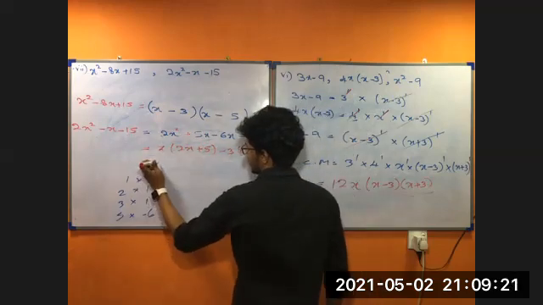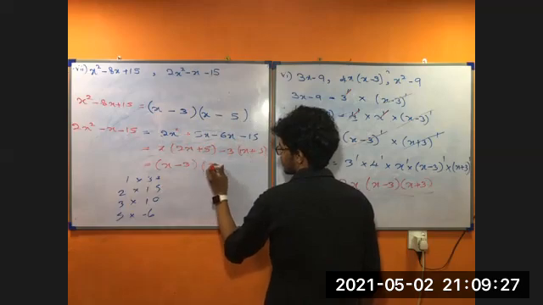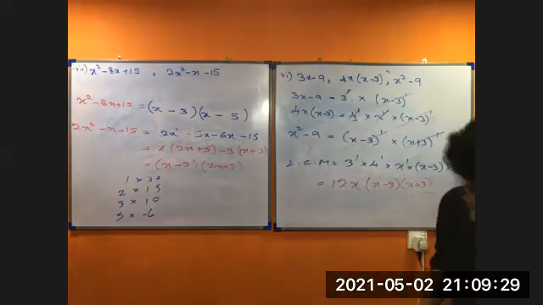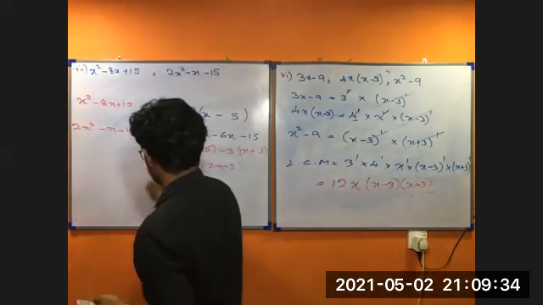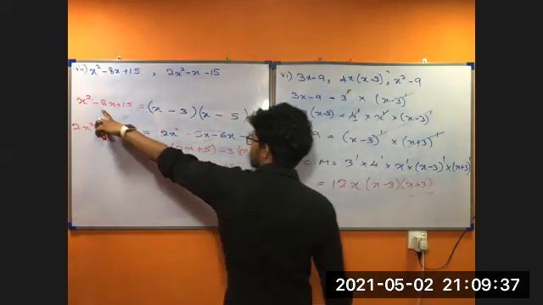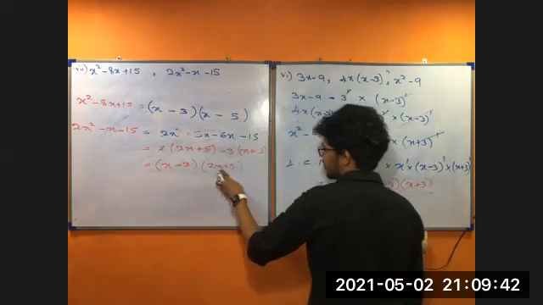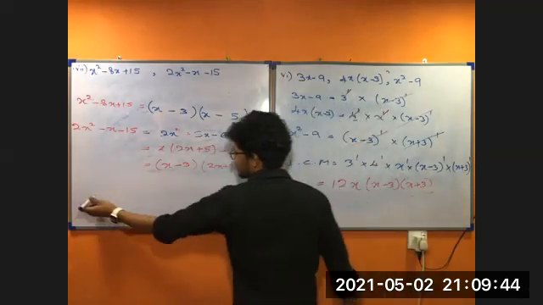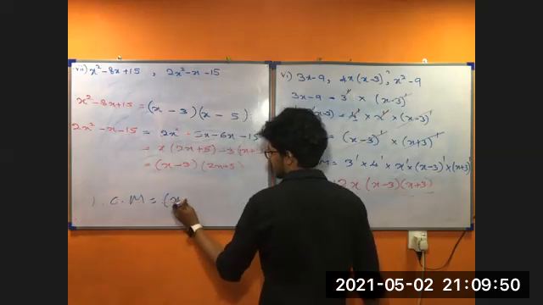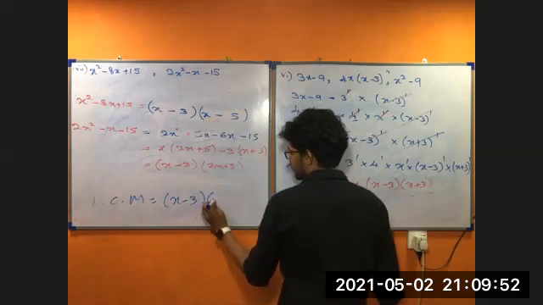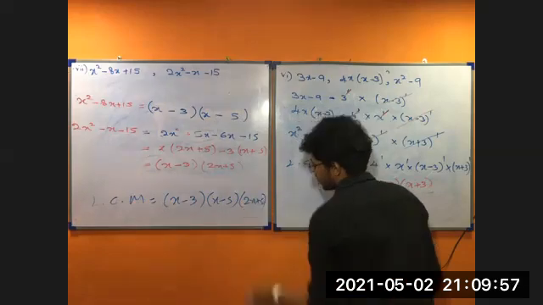So again, it is going to be (x - 3)(2x + 5). So the factors of the first one are x minus 3 and x minus 5, and the factors of this one are x minus 3 and 2x plus 5. So you can find the LCM. The LCM will be (x - 3)(x - 5)(2x + 5). Did you get the correct answer?